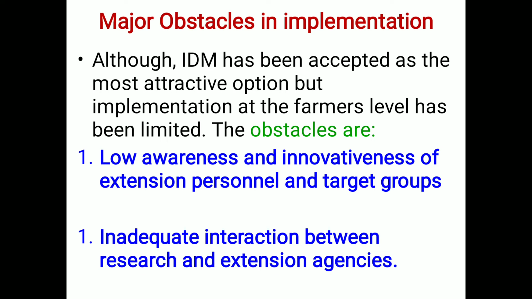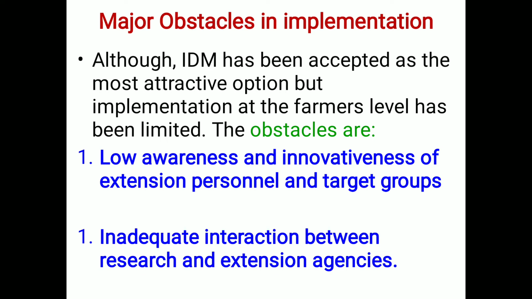The first obstacle is low awareness and innovativeness of extension personnel and target groups. As we discussed previously, farmers are unaware about the IPM module and its advantages, and due to that they are not able to use it. Next one, inadequate interaction between research and extension agencies.